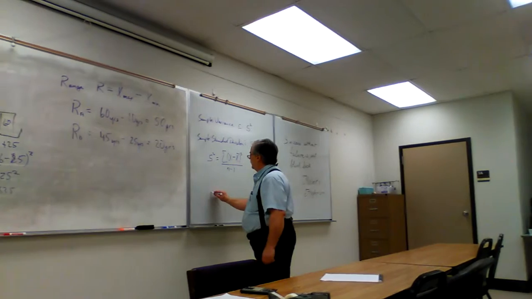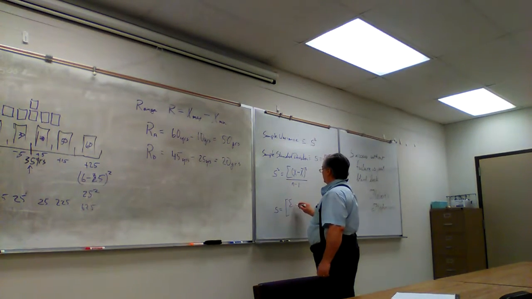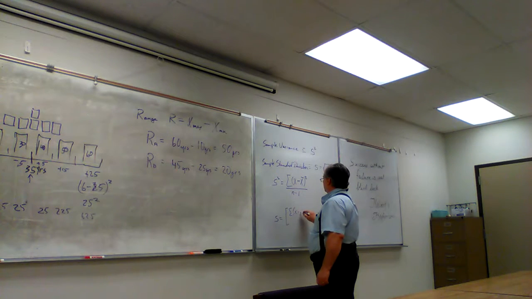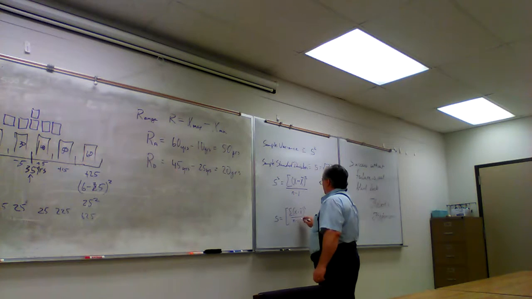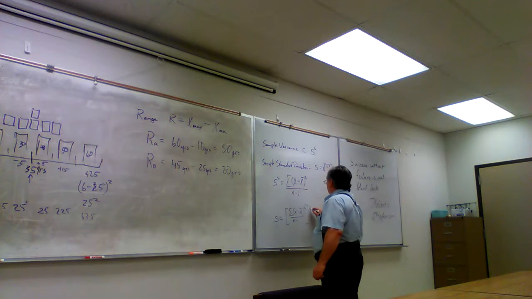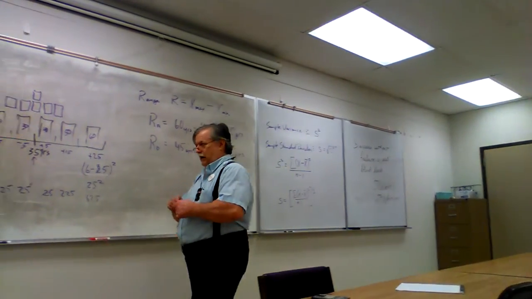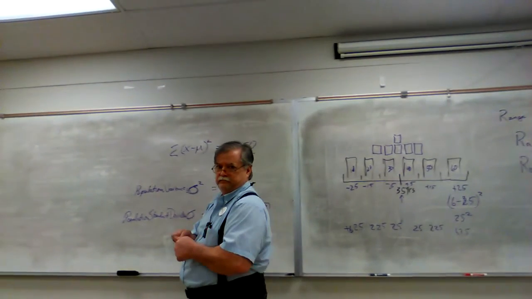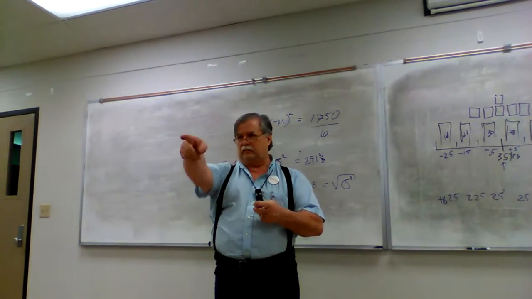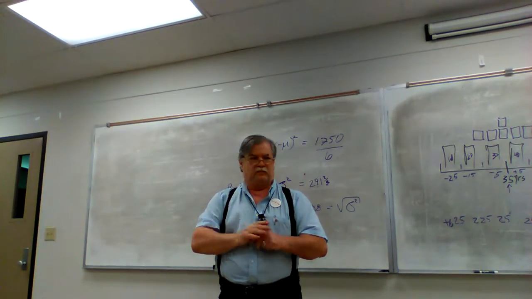And then the sample standard deviation becomes the square root of the variance. Now, why do you divide by n minus 1 instead of n? You got a guess? What about you?